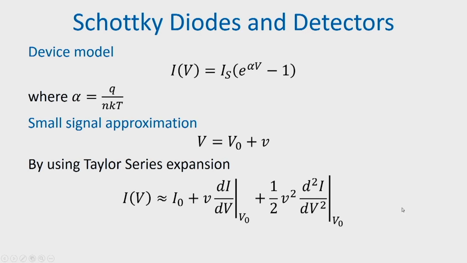There will be higher order terms which are neglected, and we approximate I v by these three terms.